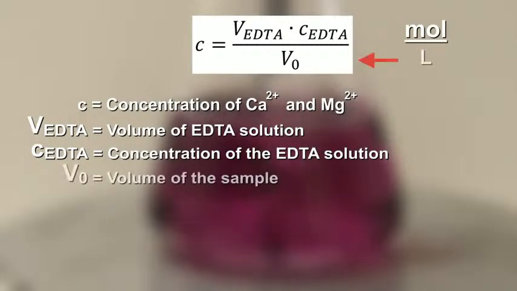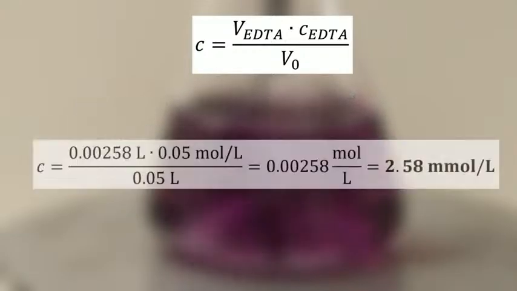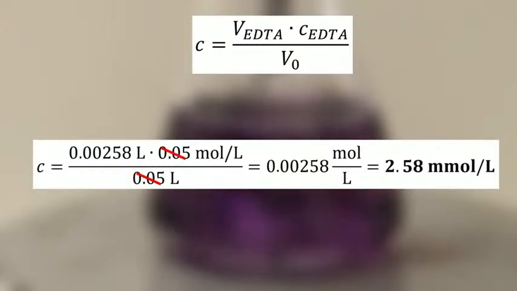Dividing the moles by the volume of the sample leads to the concentration of the ions in moles per liter. When the values of the measurement are put in the equation, it can be seen that the value of the concentration and volume of the sample are the same, so the volume of the EDTA solution quickly leads to the concentration of the ions in moles per liter or millimoles per liter.